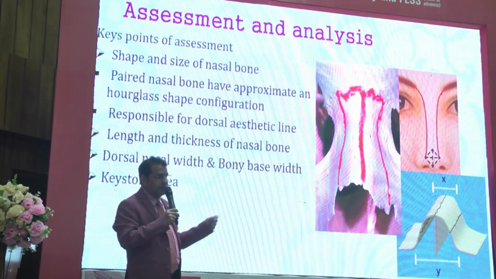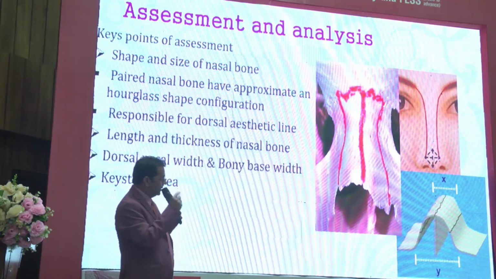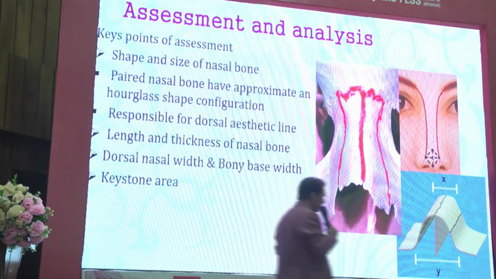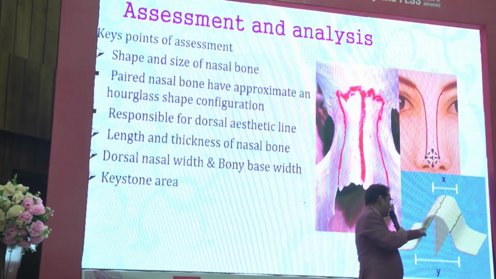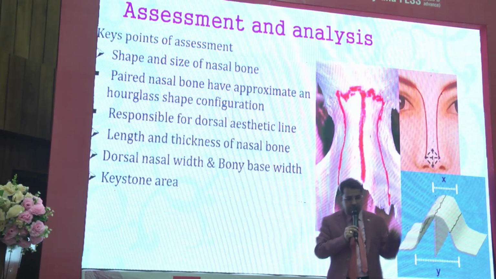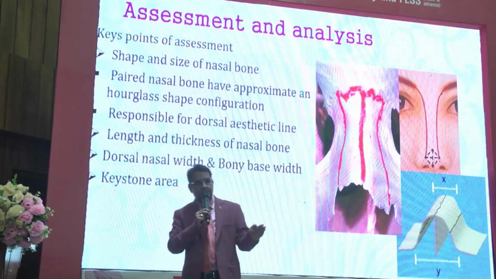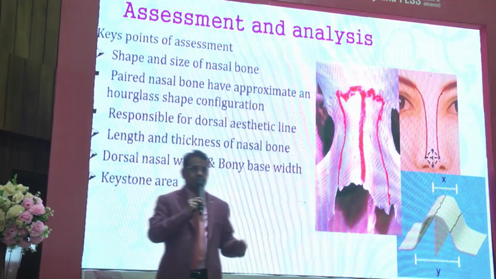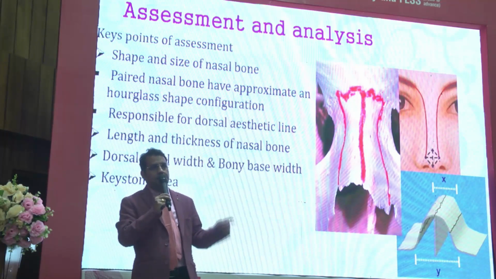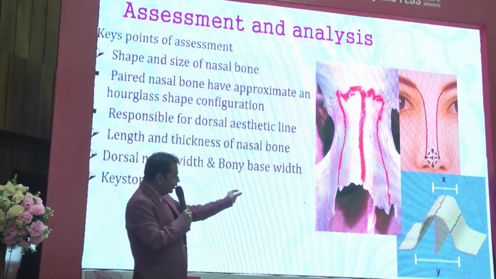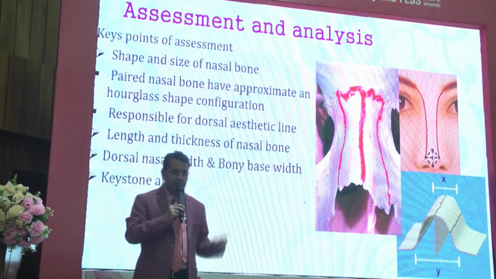Another important thing regarding the width: we have 2 types of width. One is the bony base width, and another is the dorsal width. What is the bony base width? The distance between the 2 ascending processes of the maxilla is the bony base width, and the distance between the 2 nasal bones is the dorsal width.